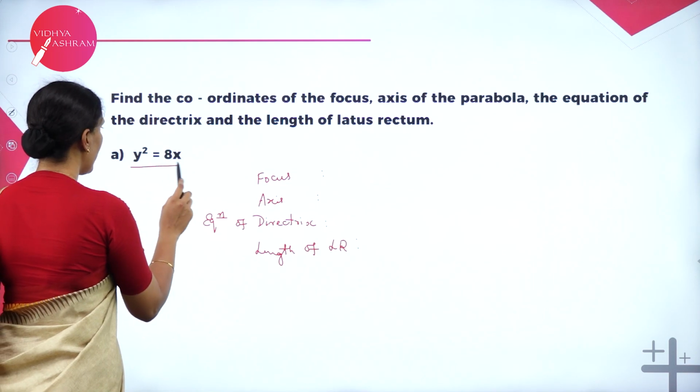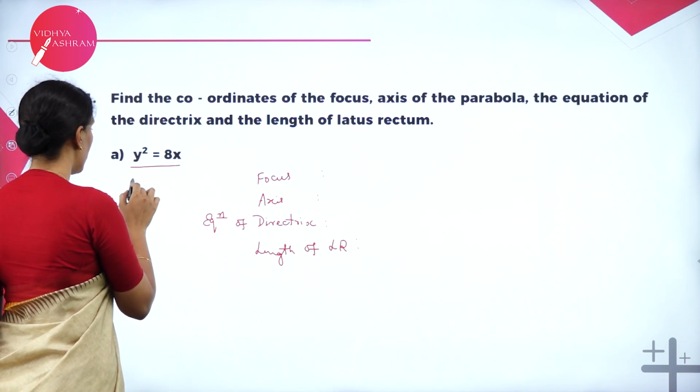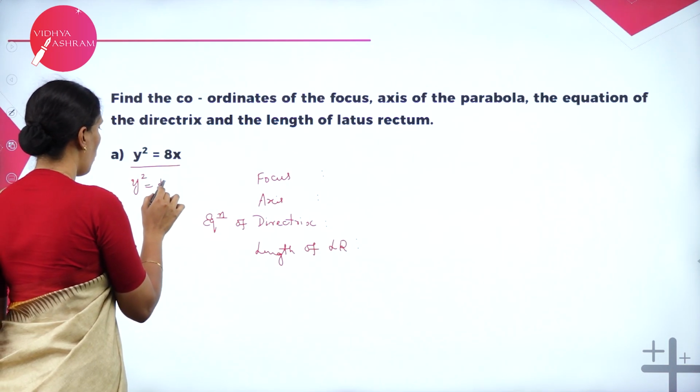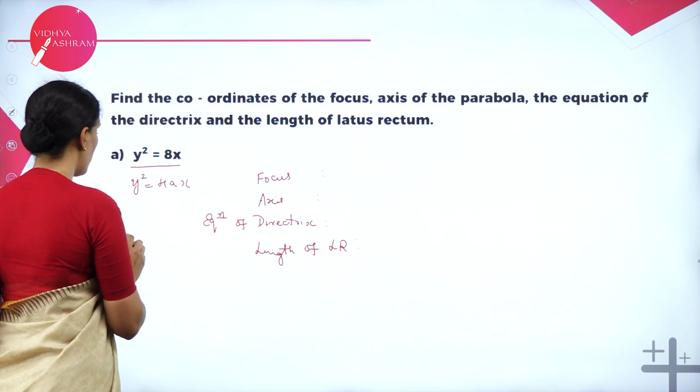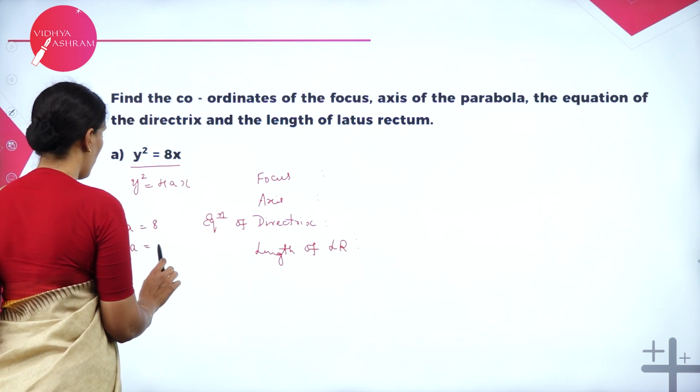The equation is given as y square is equal to 8x. So it is positive, y square is equal to 4ax form. So the value of 4a is 8. So therefore a is equal to 2.